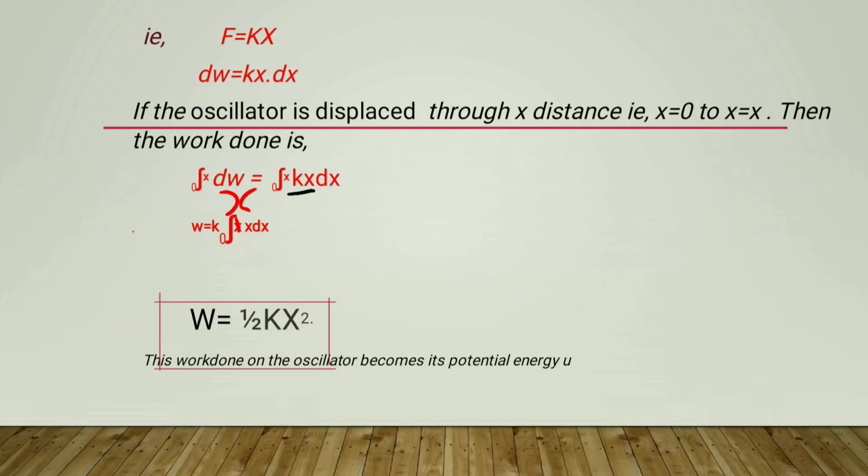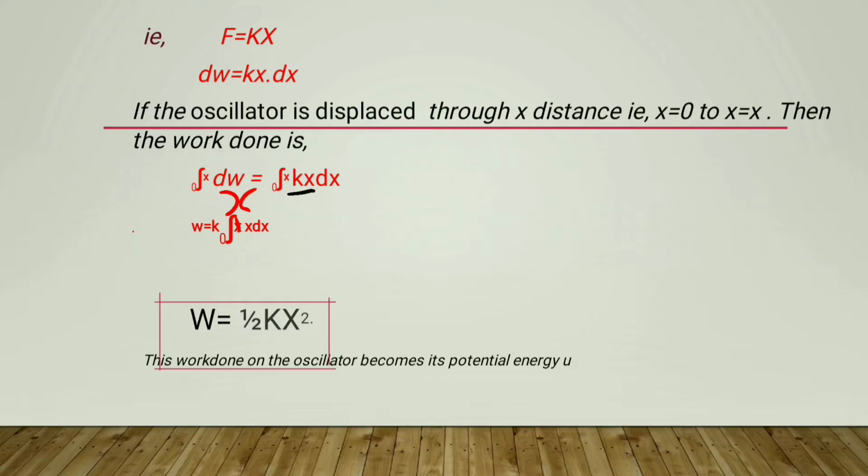Then now imagine that the body is moved from the point O to some distance x. Then we can find the total work done on the spring to displace it by a distance x. So the work done we can find by taking the integral of dW. That is integral 0 to x dW equal to integral 0 to x kx dx.